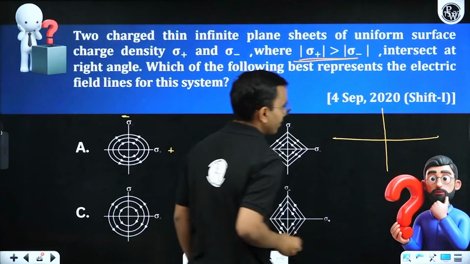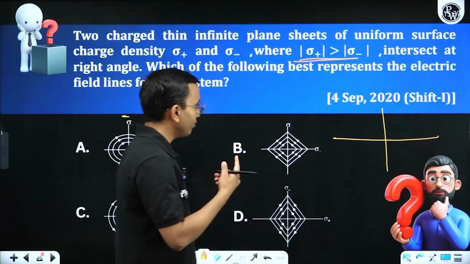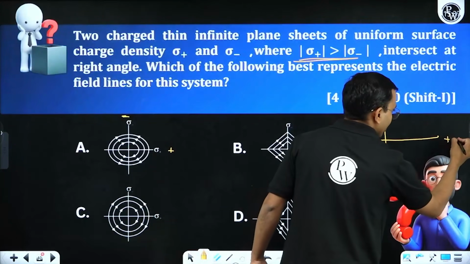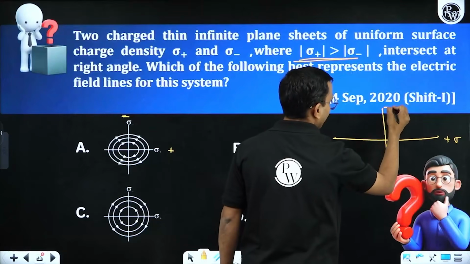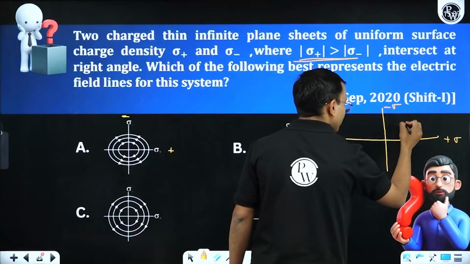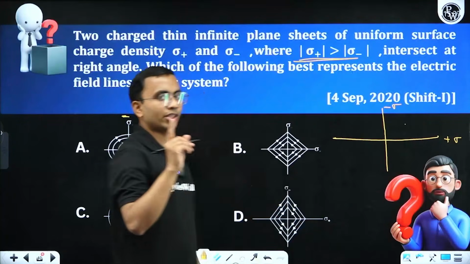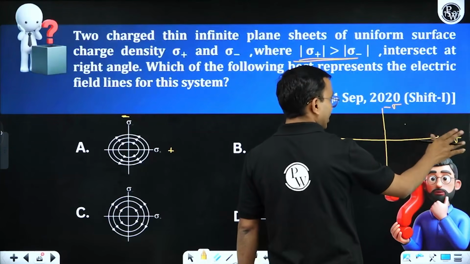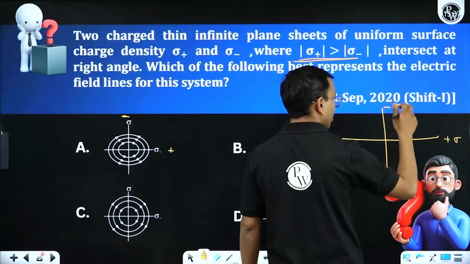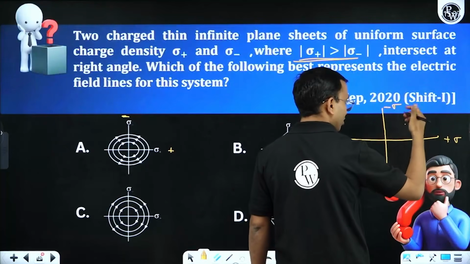This is the quadrant, and here this is plus sigma, plus is the horizontal, and this is minus sigma. Any point if you take on the first quadrant, what is the direction of electric field? We know due to this infinite sheet, the formula is sigma by 2 epsilon naught, and that is independent of the distance.